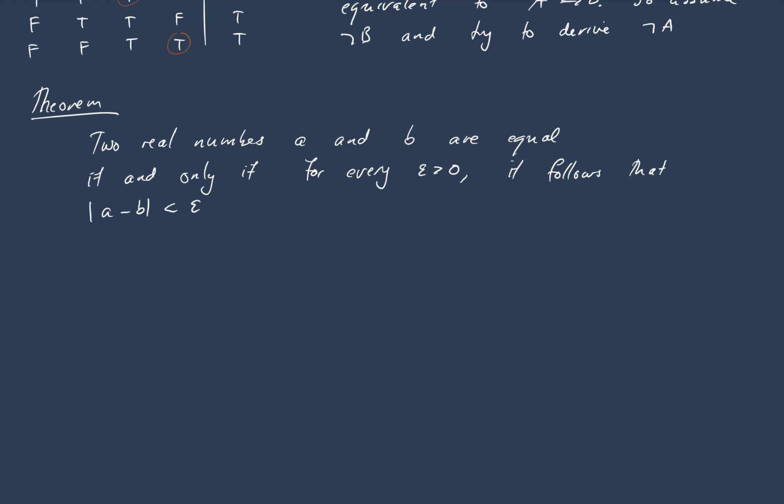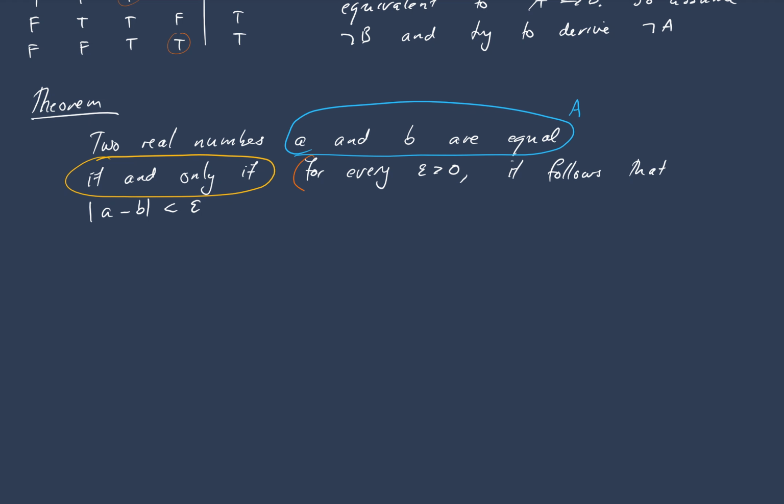So first we want to break down the structure of this proof a wee bit. The first thing that jumps out at us is this if and only if statement. That means that actually we have two things to prove. We've got one statement here, A and B are equal. I'll call this statement A. And then I have, for every epsilon greater than 0, it follows that the absolute value of A minus B is less than epsilon.